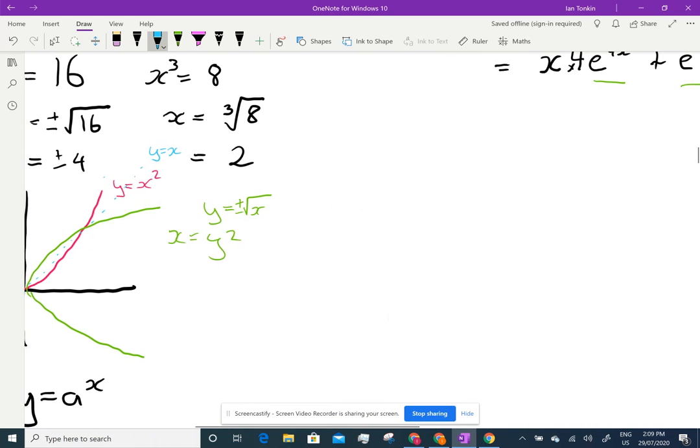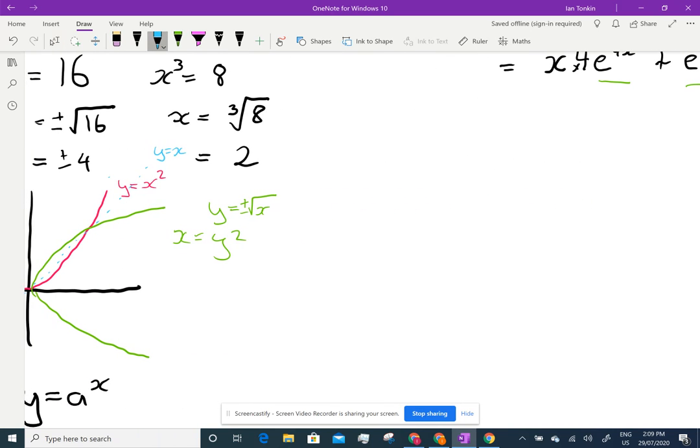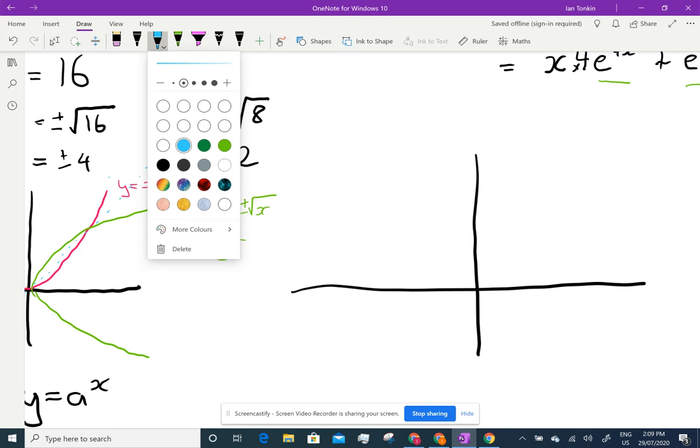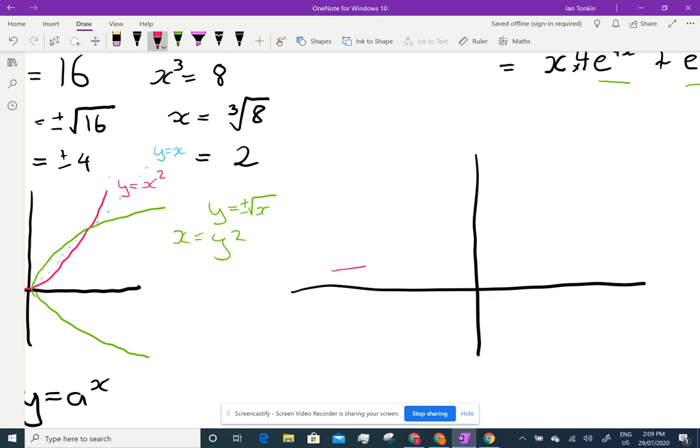So let's take the graphs that we know. We'll draw another little set of axes here. And if we draw y equals a to the x, and we get that one, going through 1, that's y equals a to the x.